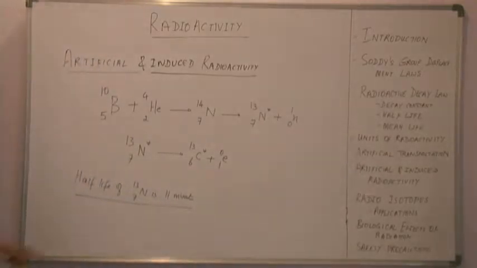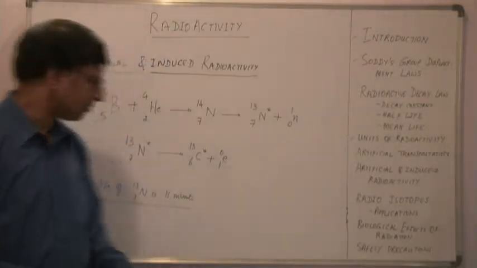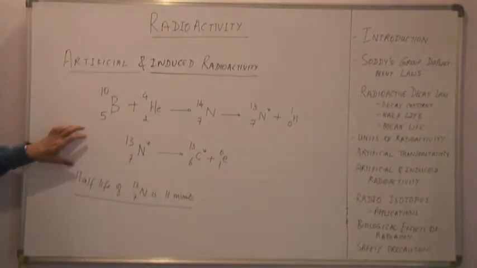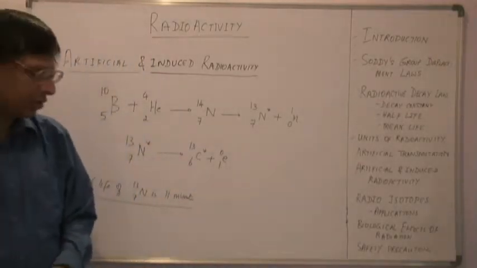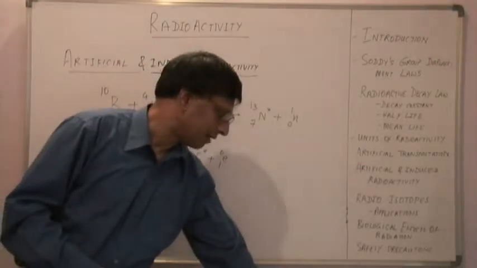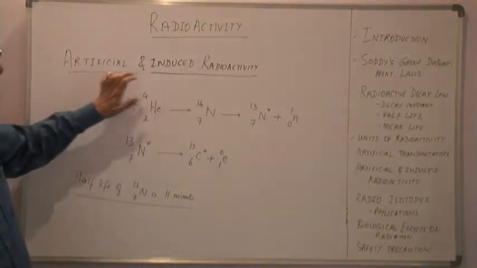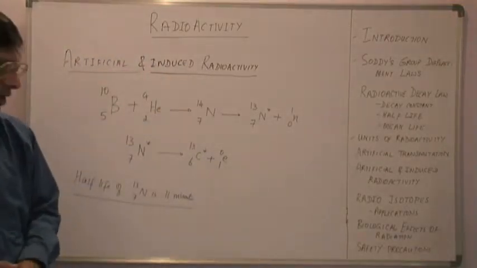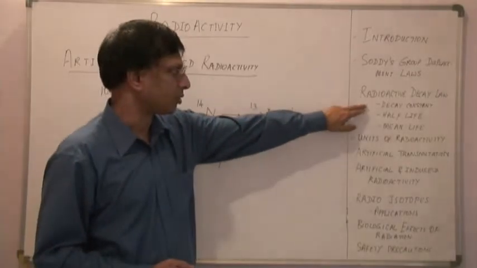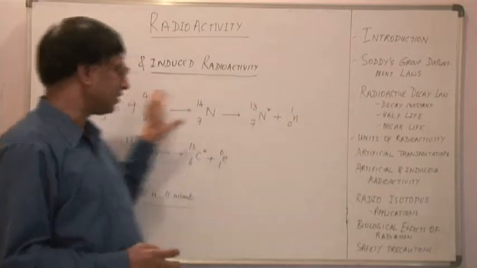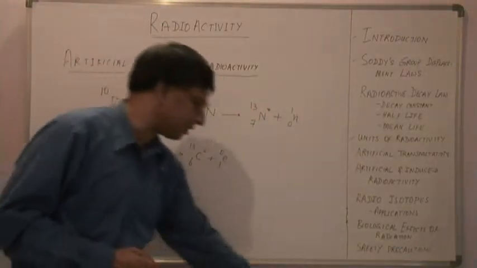Note that when we talk about artificial or induced radioactivity, the same laws that we talked about, radioactive decay, half-life, mean life, etc., still hold good. So the processes we saw about decay constant, half-life, and mean life are still valid for artificial and induced radioactivity.